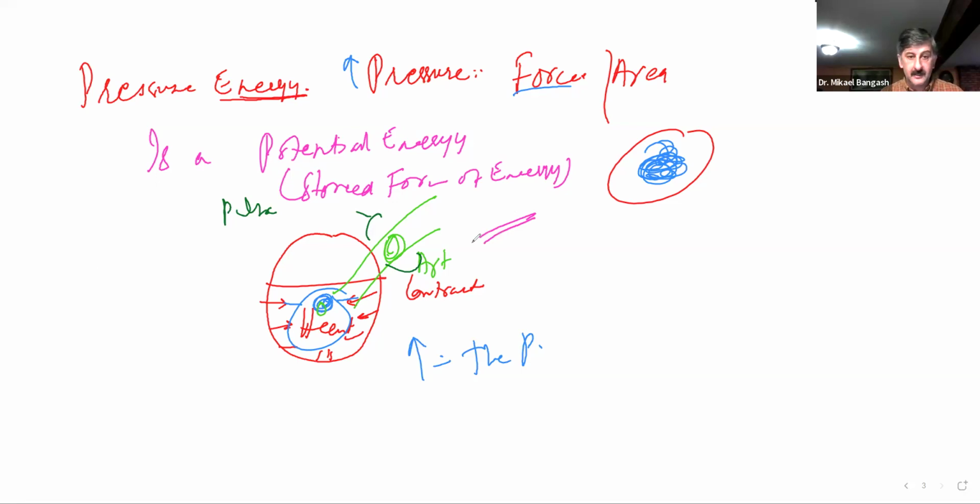So when the pressure in the heart increases to an extent that it can push the blood with enough pressure to overcome the resistance of the artery and let the blood flow, that's where we say the pressure in the heart is now greater than the pressure of the resistance offered by the artery. So this became a higher pressure and this now was a lower pressure.